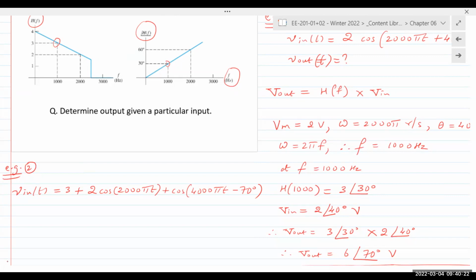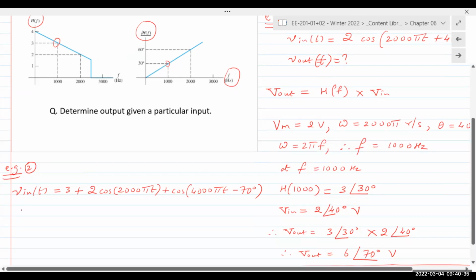First things first, there are 3 separate components. Can we combine them? The answer is no. The frequency for all is different, so we can't. So we just separate it out into 3 different components: V in 1 of t, V in 2 of t, and V in 3 of t.